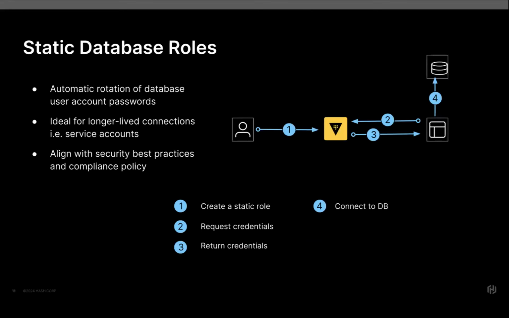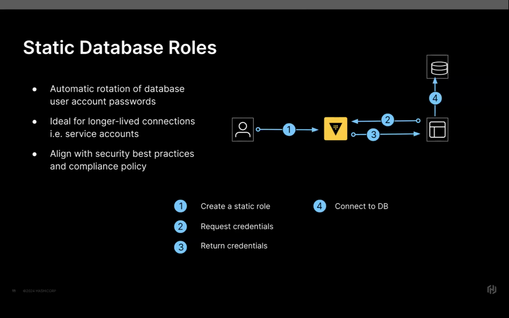The static database role is basically you are going to define a role inside your database, right? And then you're going to create a role in the database, assign this role to a user, right? And when you configure Vault, Vault is going to generate the password for this username, right?